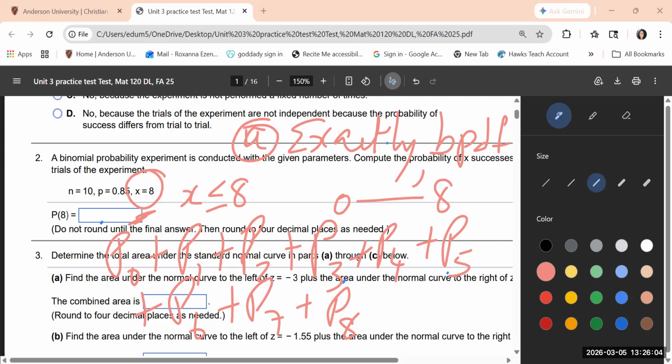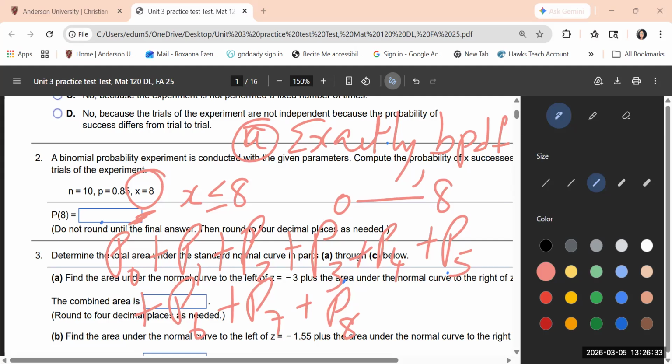Because 5 is included, I'll subtract the numbers lower than 5. So actually, if I write it, I have the probability that 5 is less than or equal to X, which is less than or equal to 8.